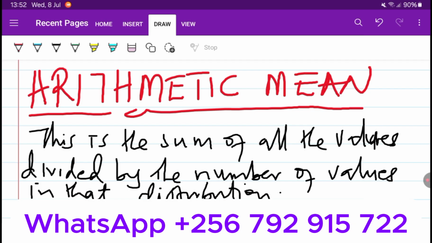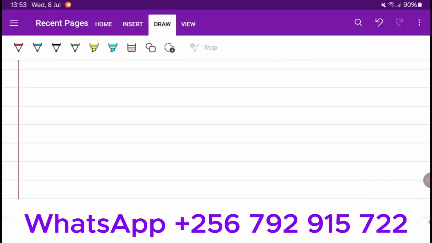Then of course it can also be used for decision making, because as I told you, you can be looking at maybe the ages of students in a certain university, and maybe you want to find out what would be the average age of someone joining a university. Of course, you look at the ages of the different university students, then you get the average. From there you can tell that within such a range we expect someone to be at the university level. So that's how we can use the mean or the average to make decisions.